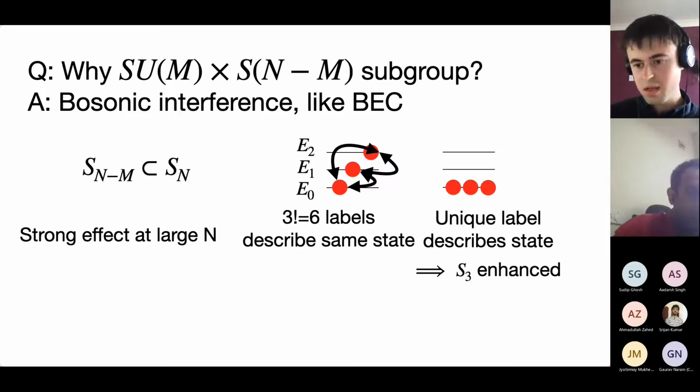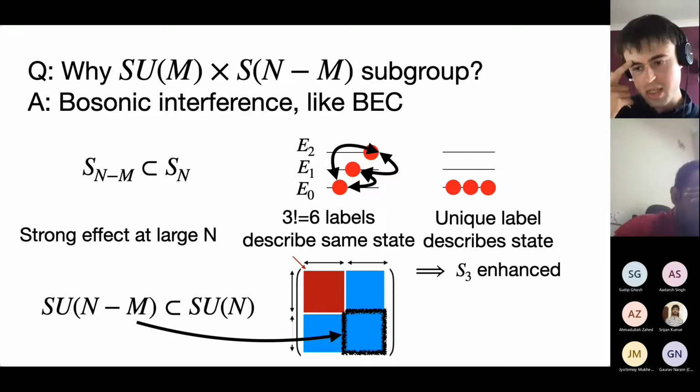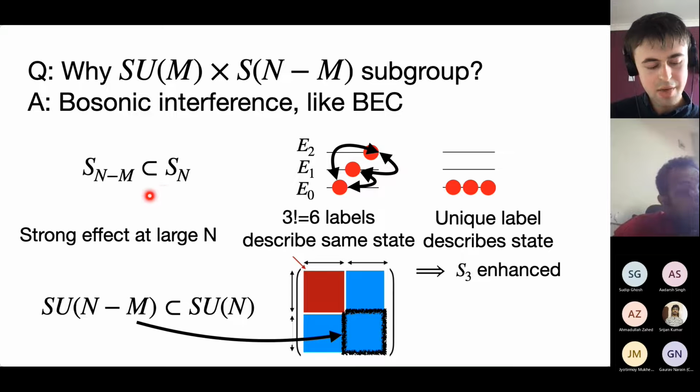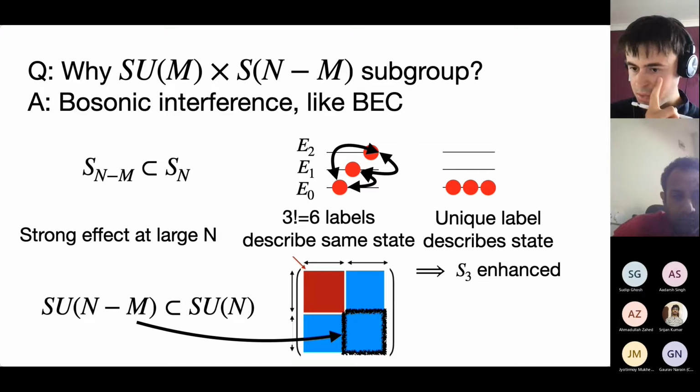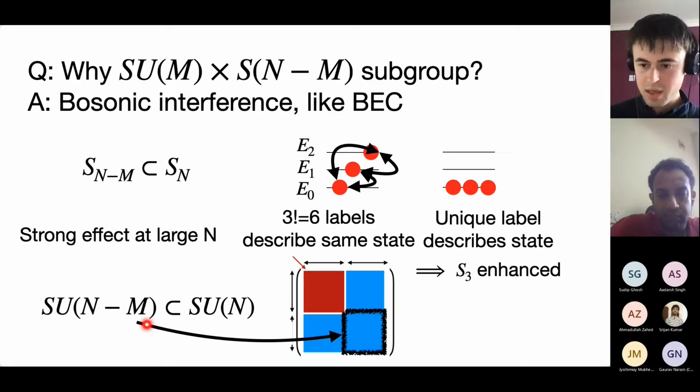This effect becomes very large when you take a large n, and the result is that in the Bose-Einstein condensate, this SU(n-m) subgroup is highly favored in the ground state, and the case is entirely analogous for the partially confined phase, where you can think of the confined phase as being like the ground state in the Bose-Einstein condensate, and the SU(n-m) gauge subgroup is enhanced.